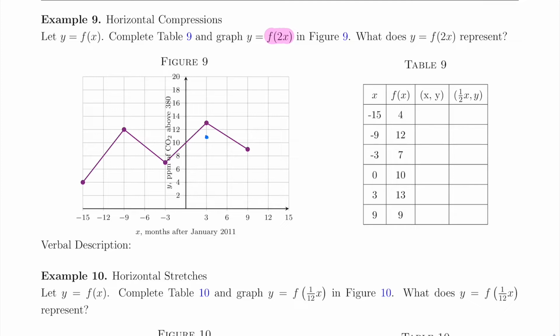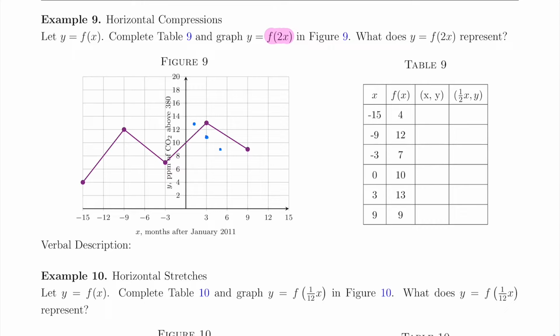And so in the same way, if I, for instance, look at my x of 1.5, then I would want the value from 3. 1.5 times 2 is 3. So we want that function value there, and so that's 13. So that's now here. And so in the same way we do it with all the other function values.